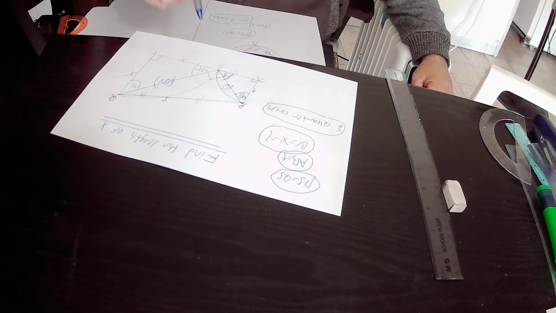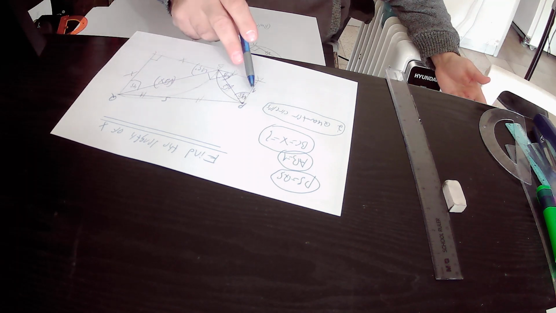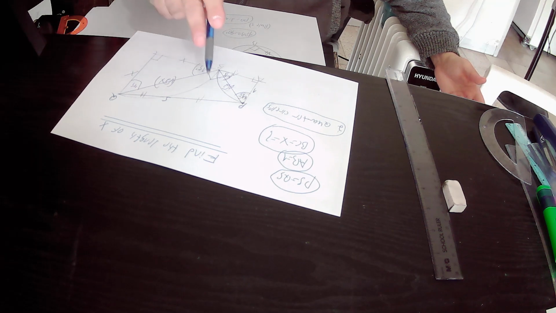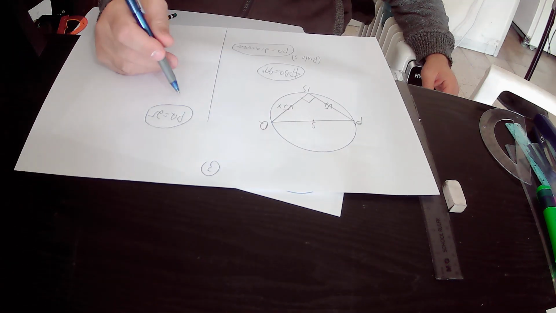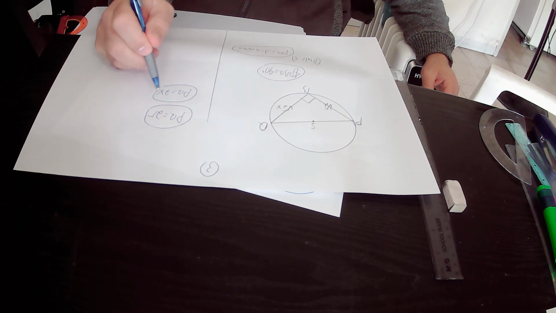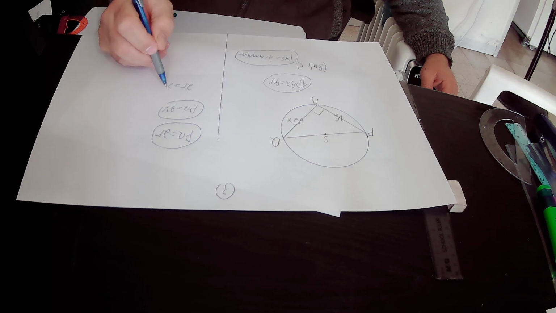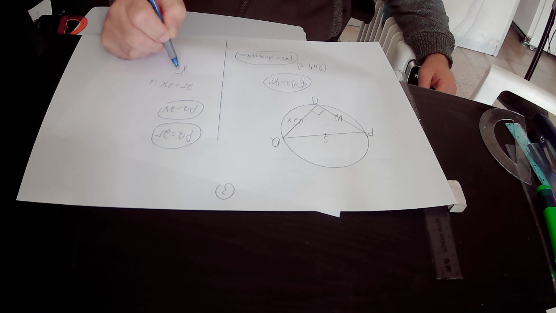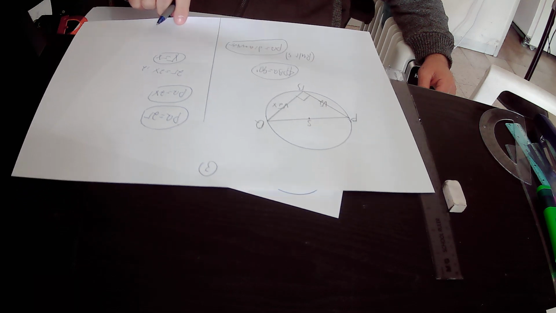So if we define PS as X, then SQ must also be equal to X. Therefore, in total, PQ equals PS, that is X, plus SQ, that is X. So PQ equals 2X. And from those two equations, we derive that 2R equals 2X. We divide this equation by 2 and finally we get that R equals X.